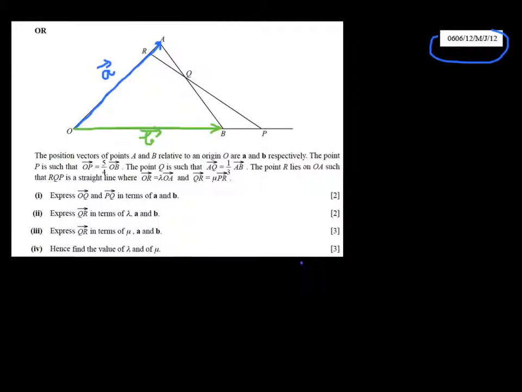I am given some information on the position of the point P as being 5/4 OB.